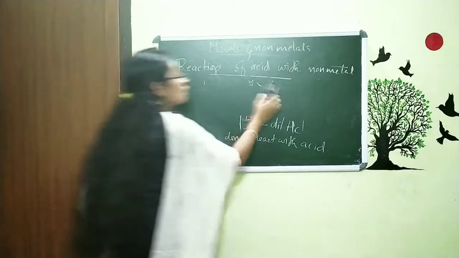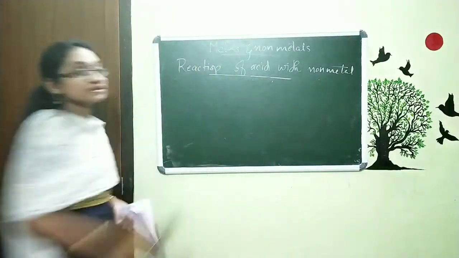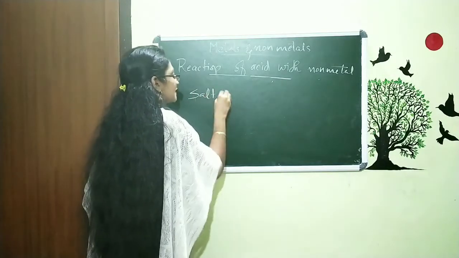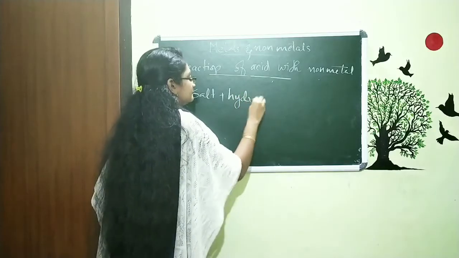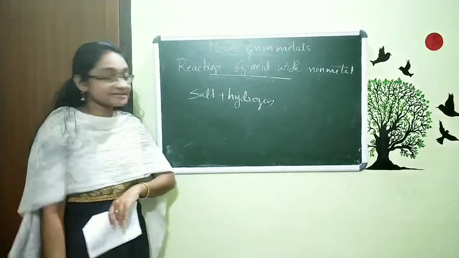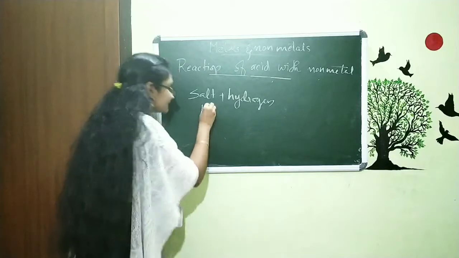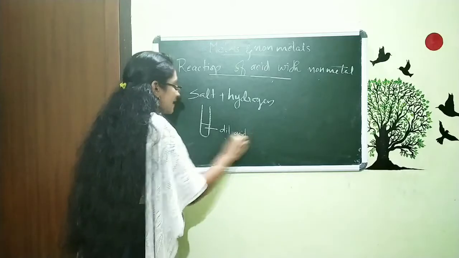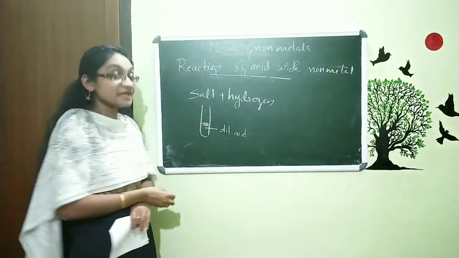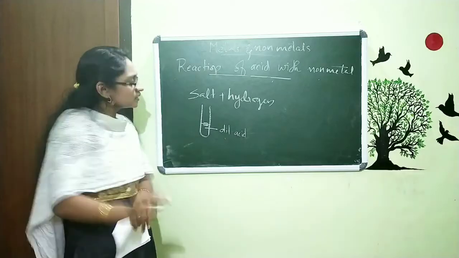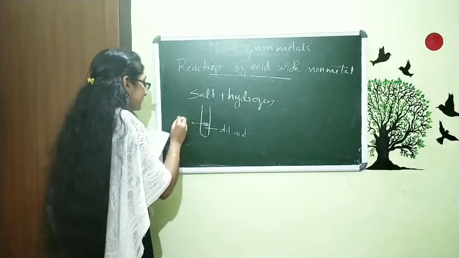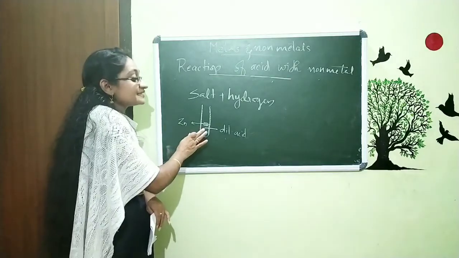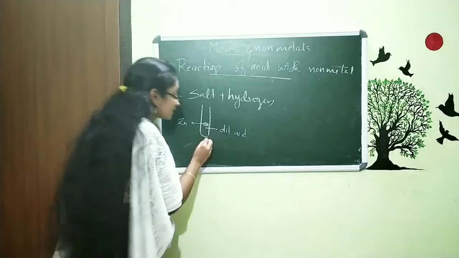For metals, a reaction occurs and they form what? Salt and hydrogen gas. Salt plus hydrogen gas. And also one thing is that when a test tube is filled with dilute acid and we put a certain type of metal in it, I am not talking about copper, any type of metal, for example zinc, then when you touch the test tube, you can feel the heat.